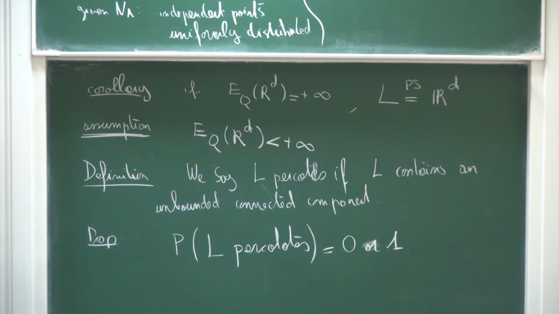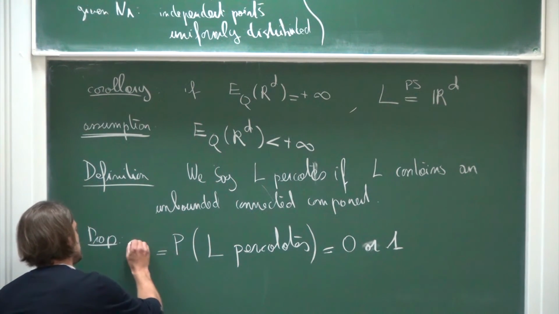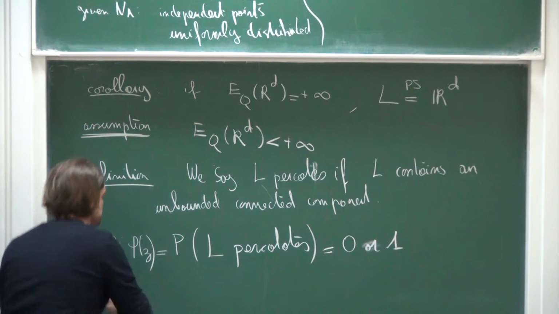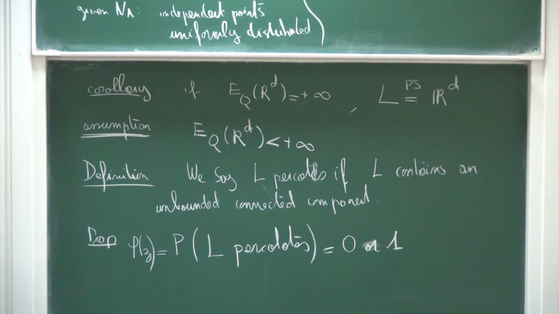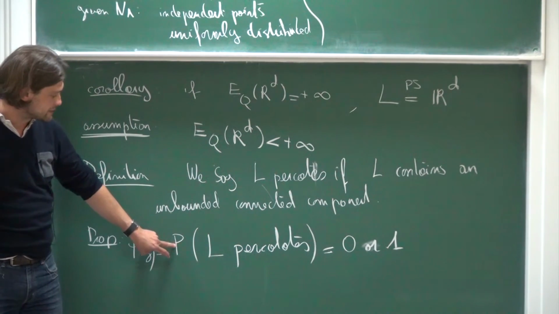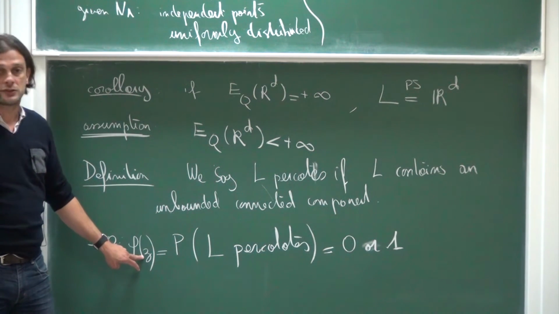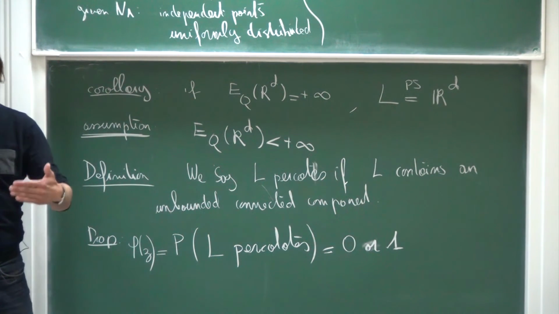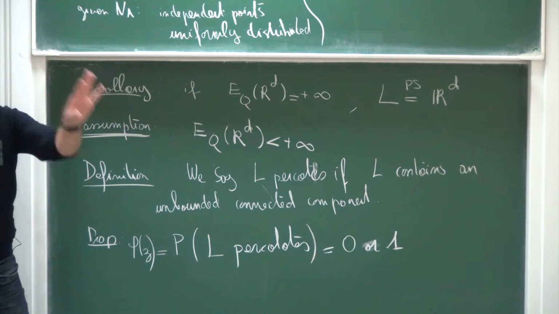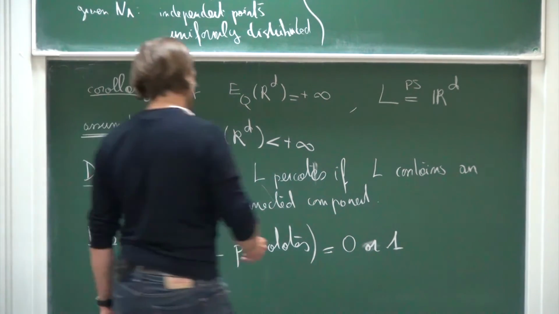And if we consider this probability as a function of z, the intensity parameter of the Boolean model, it's not so complicated to see that this function is increasing. If z increases, there are more balls, and percolation is favored. So this function is increasing in z.